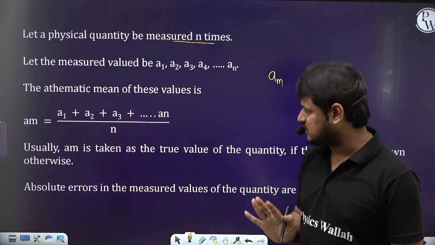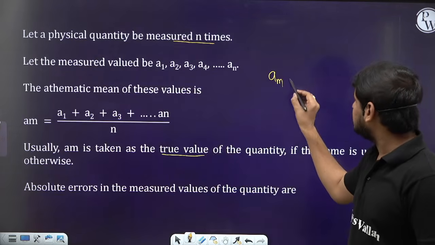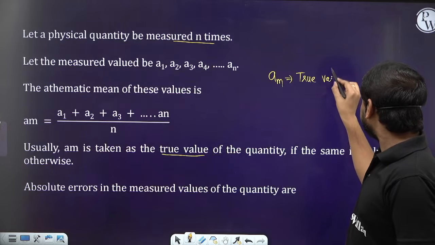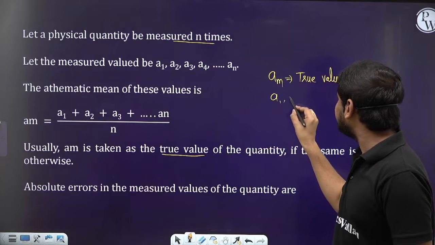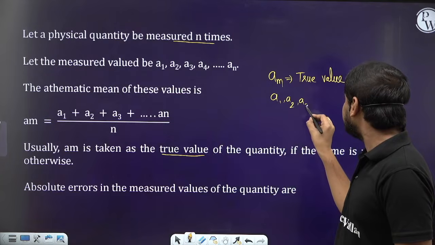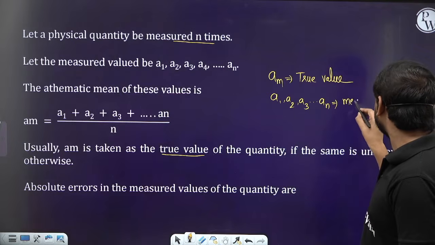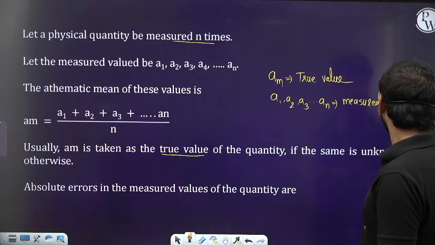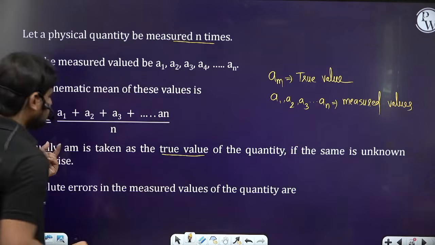Just an example I am saying. Usually AM is taken as the true value. And then A1, A2, A3 till AN are the measured values. These are the measured values. Clear? Understood?